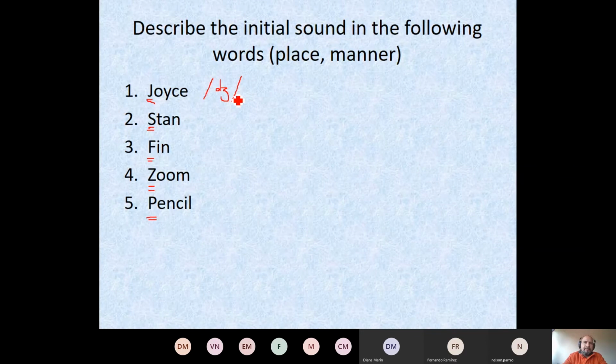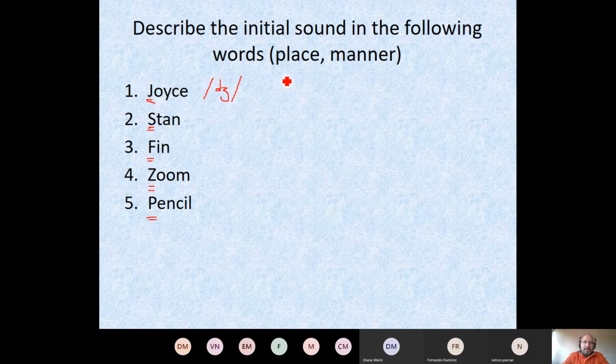It's like in between the alveolar ridge and the hard palate. So it's like a post-alveolar sound or a palatal alveolar sound.